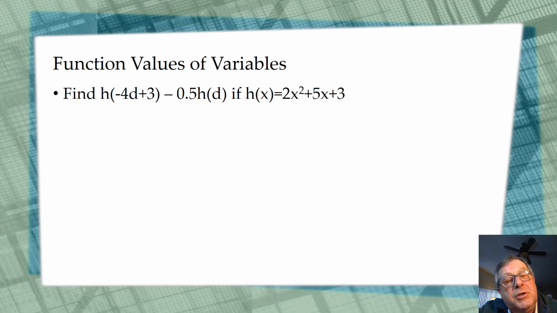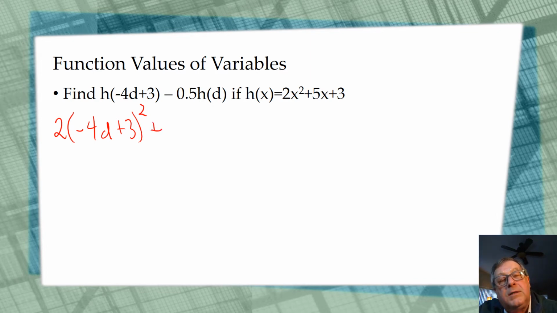All right, so I got 2 times negative 4d plus 3, and I got to square it, plus 5 times negative 4d plus 3. You have to be really careful with your order of operations and your signs.